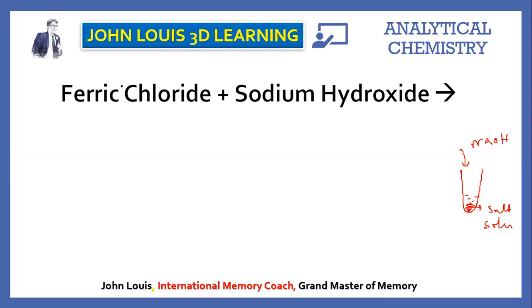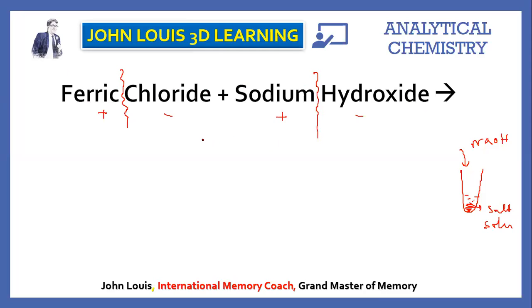Can you explain to me why? Ferric chloride is a compound. Sodium hydroxide is also a compound. Your answer is correct, but you should tell me the reason. You should be able to reason it out; only then are you thinking. Okay, sir, a compound has ions.